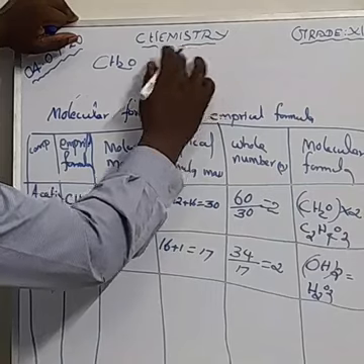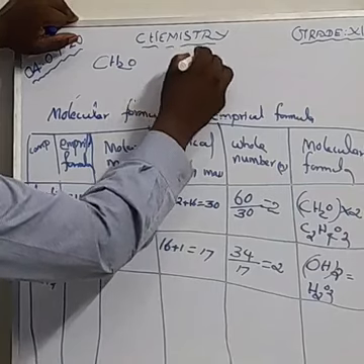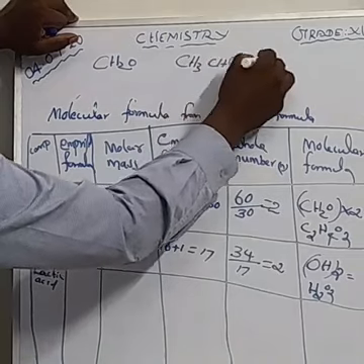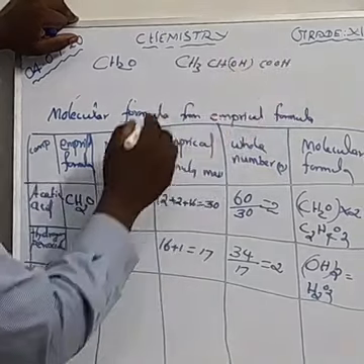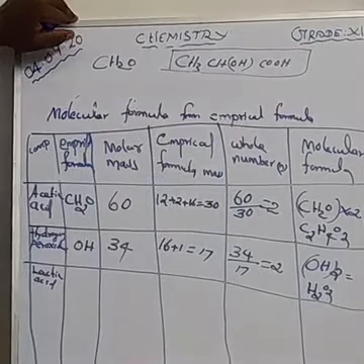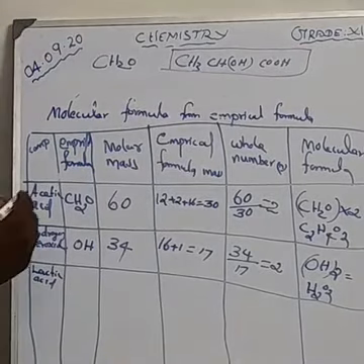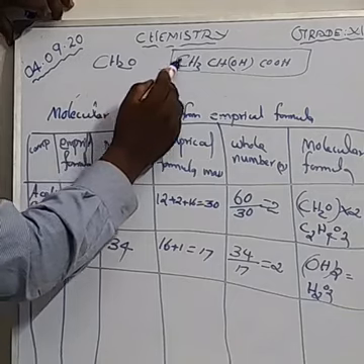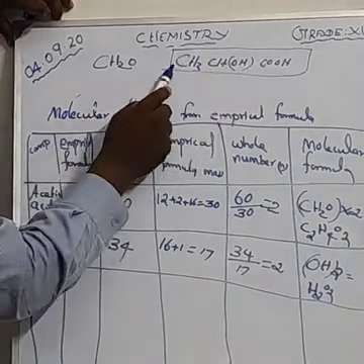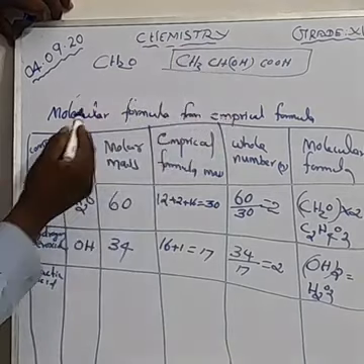Here the lactic acid formula is CH3, CHOH, COOH. First, you should find the number of carbons. 1, 2, 3. There are 3 carbons.